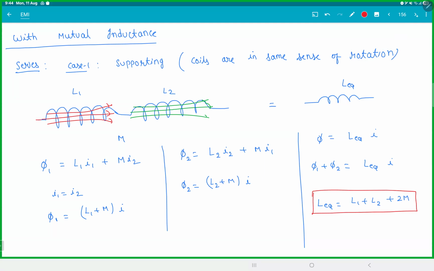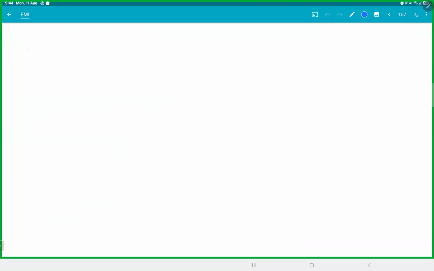The mutual inductance will cancel the flux. This we never had in capacitors and resistors. So here one coil is supporting the other coil, and the overall system inductance increases. If I take case 2, opposing, there the orientation is reversed.